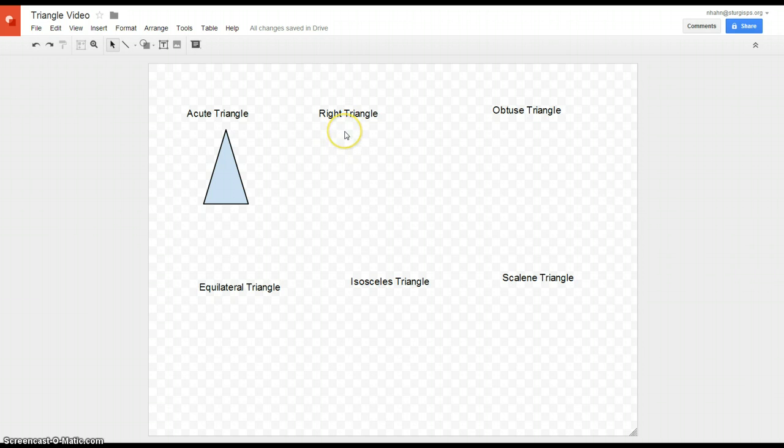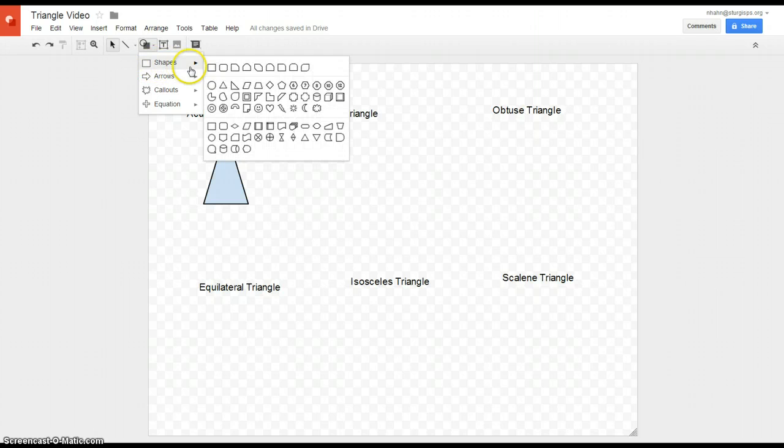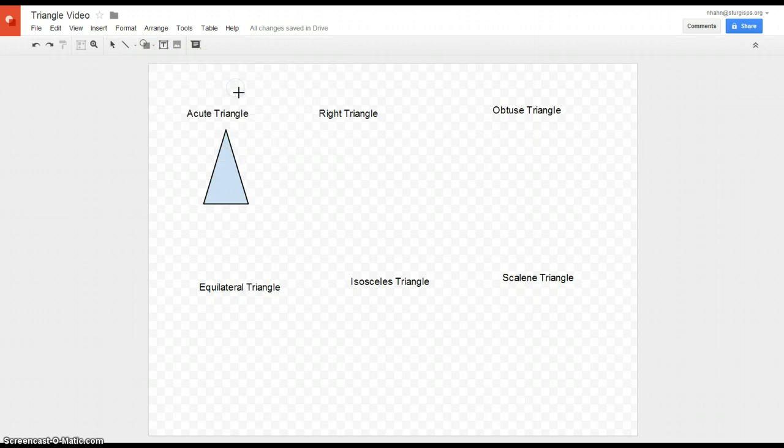The next triangle we're going to go over is a right triangle. A right triangle is a triangle that has one right angle. The other two angles are going to be acute, otherwise it won't make a triangle, but it does have to have one right angle to be a right triangle. Remember that a right angle is 90 degrees.